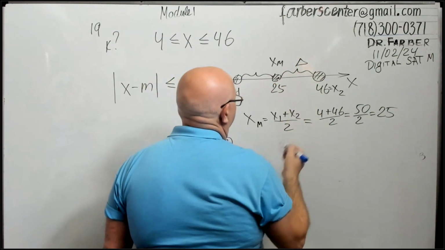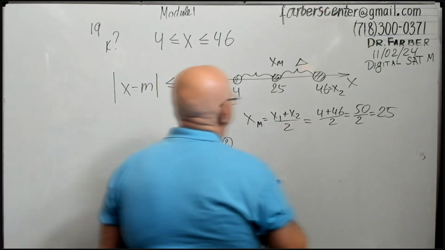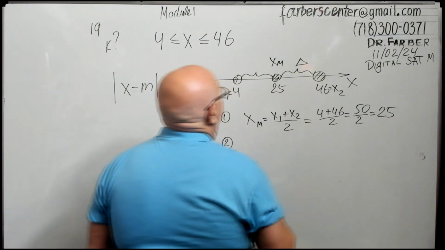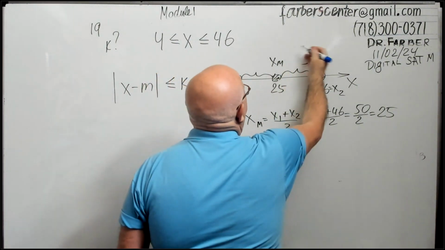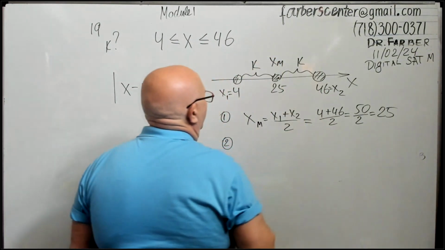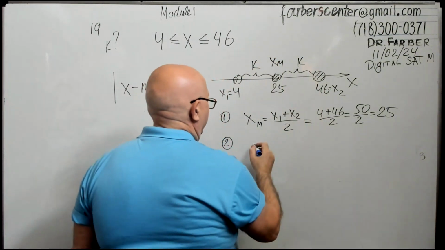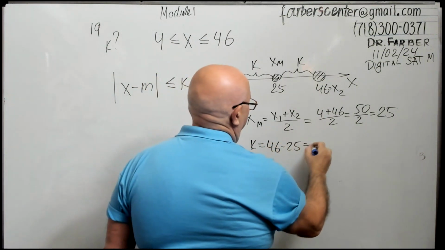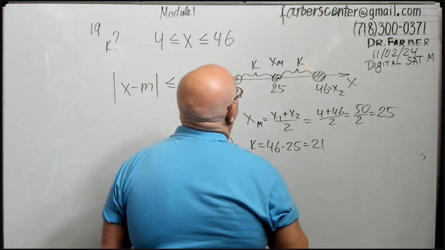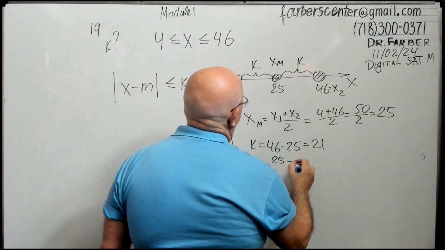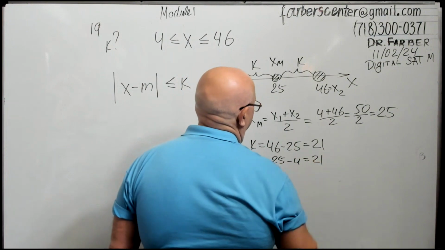Okay, delta k equals 46 minus 25, which is 21, or the same, 25 minus 4, which is 21.